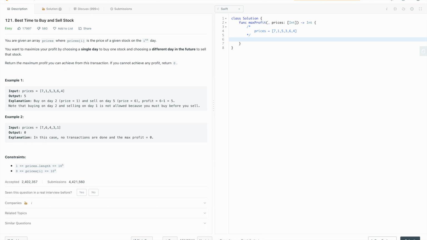So we want a running profit value. That would be var maxProfit equals, let's initialize it to 0. And then we want to loop over prices. So let's do for i in, we want to go to the length of prices, so 0 to prices.count.